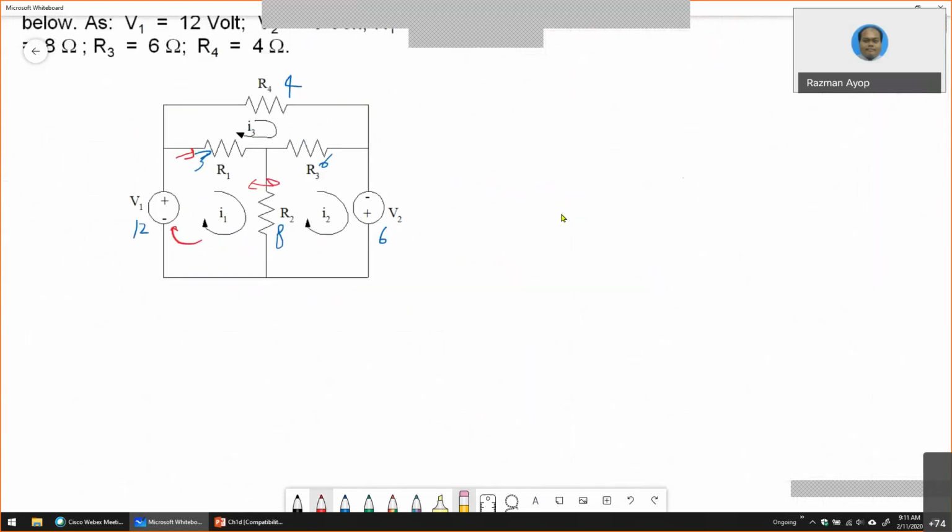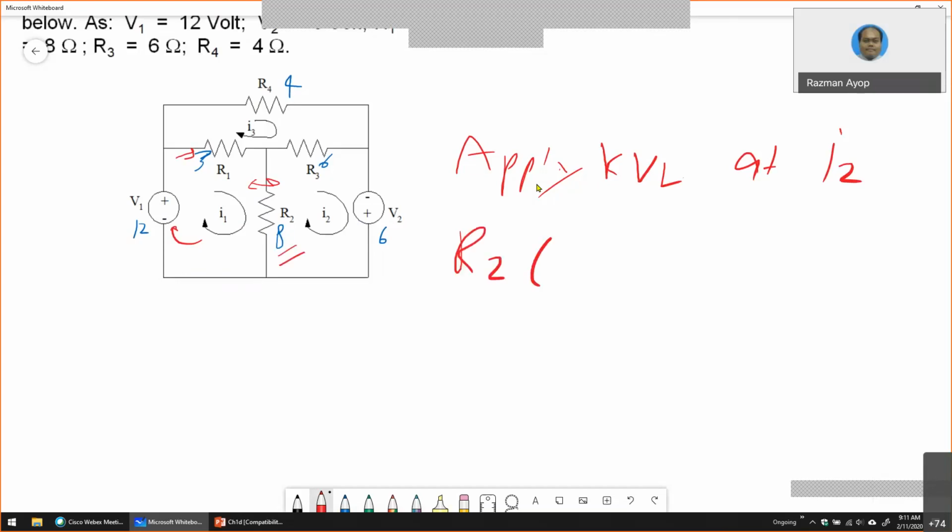So we apply KVL at I2. Start with R2, I2 minus I1. Remember, you are looking at I2, so start with I2, then because the opposite is I1, use minus I1.